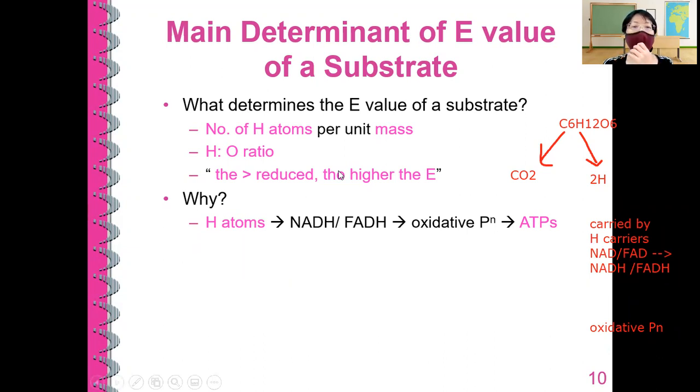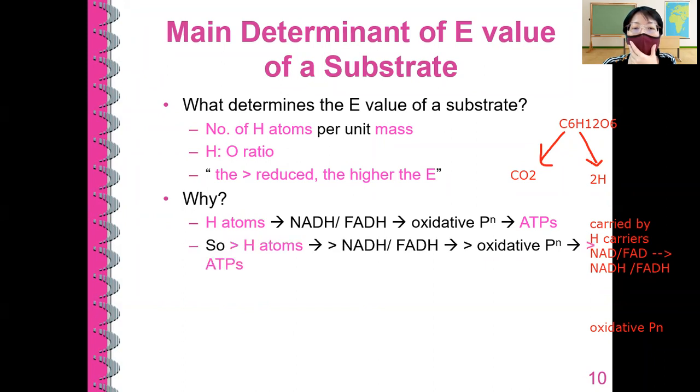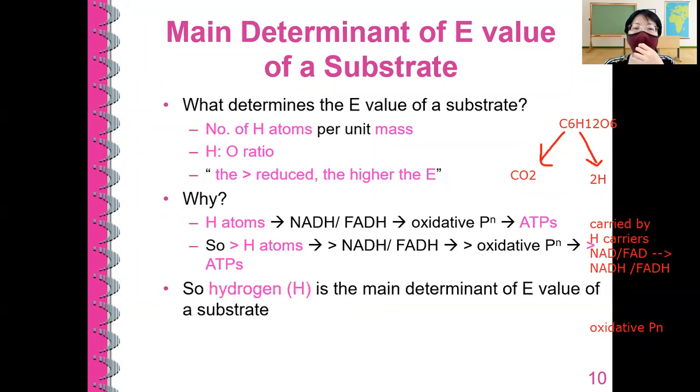So why? Hydrogen atoms will be carried by NAD and FAD, in the form of reduced NAD and reduced FAD, and go to oxidative phosphorylation to produce ATP. So the more hydrogen atoms the substrate got, the more NADH and FADH, the more oxidative phosphorylation, the more ATP. So hydrogen is the main determinant of energy value of a substrate.